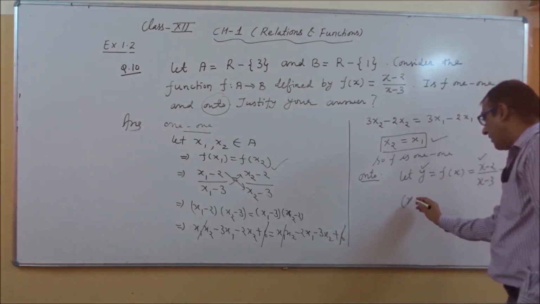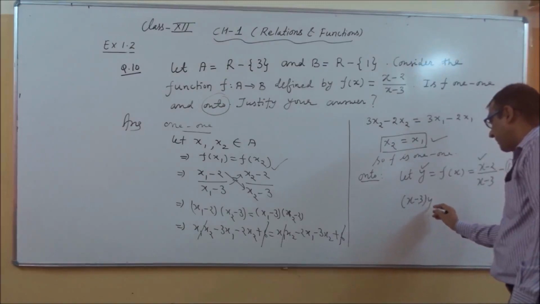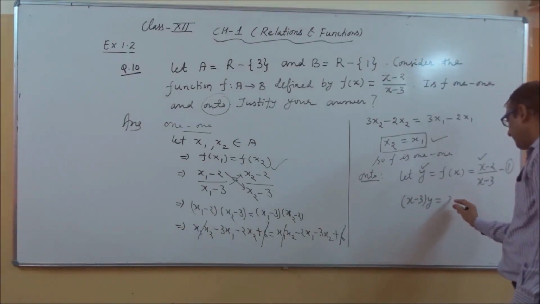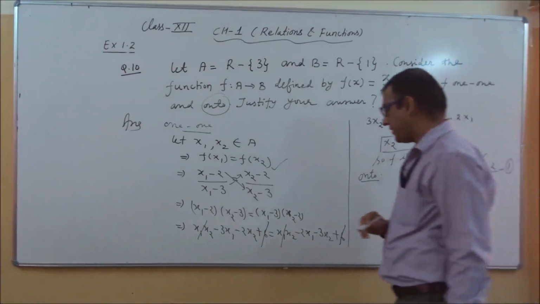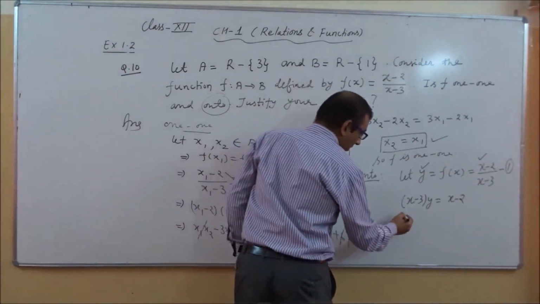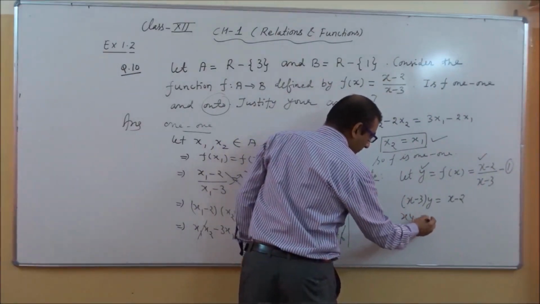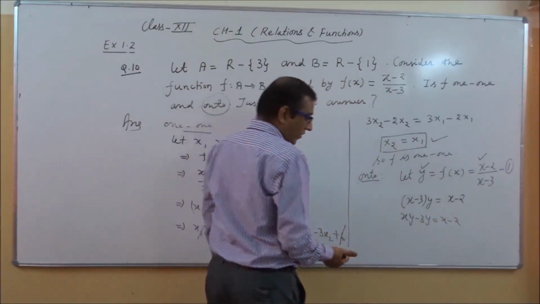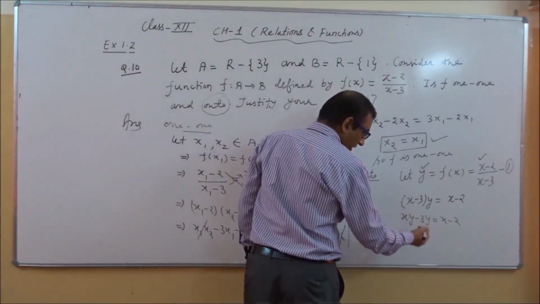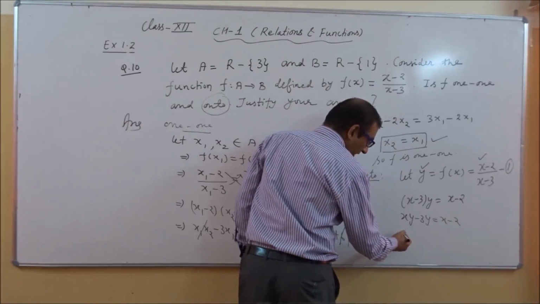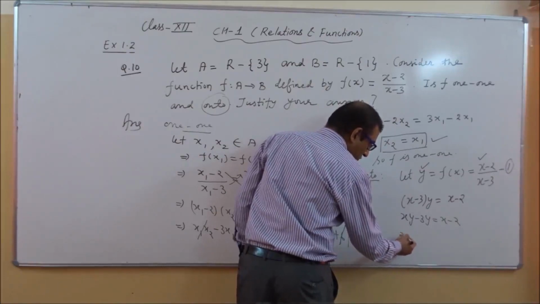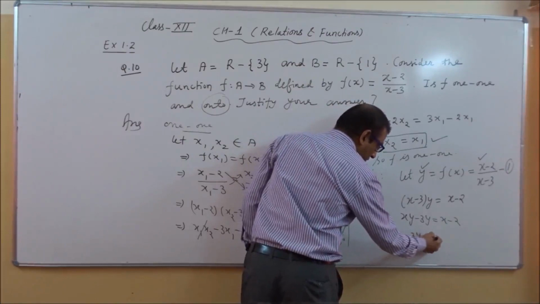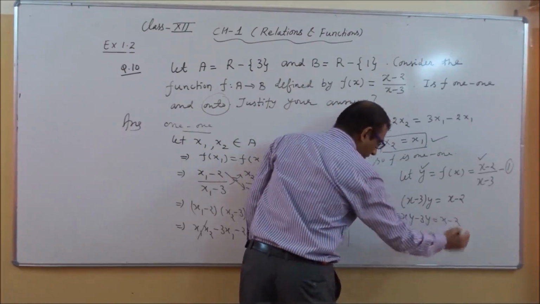So again we will continue with the cross multiplication, and after that we will go with simple multiplication. What we want is the value of x. So we will continue the concept of the transfer method, so that it can be done as 2 - 3y = x - xy.